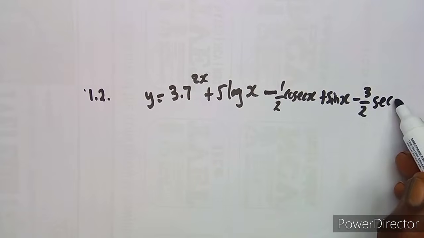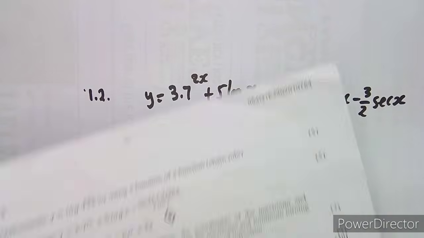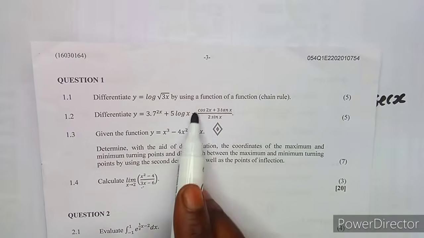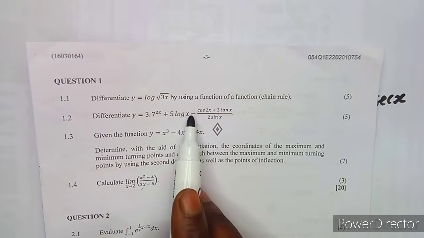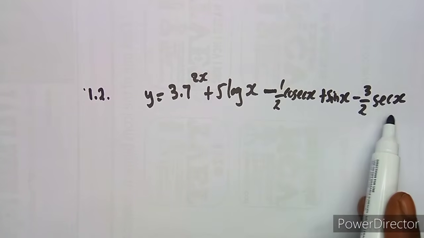All right, so this is what you're going to have. Take note, guys, we had this question here. Let me show you again. This was the question. The minus here is affecting this whole trig, so that is why this minus is now multiplying everything that you obtained from that trig.